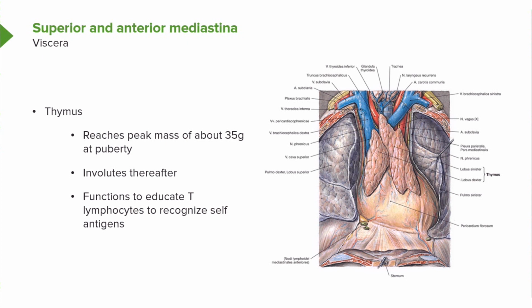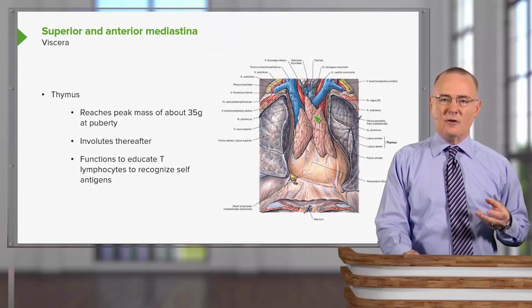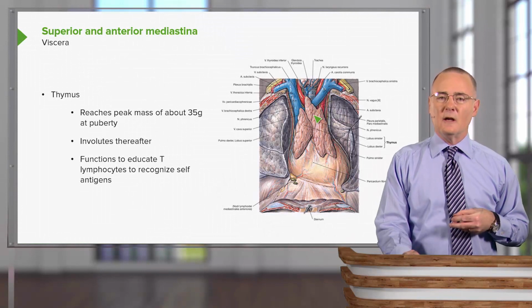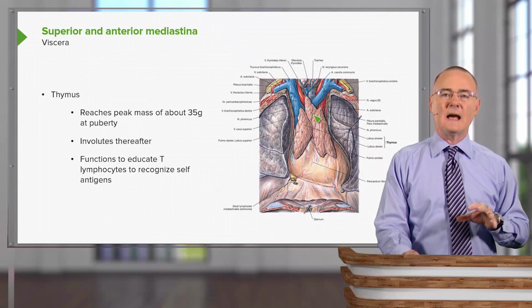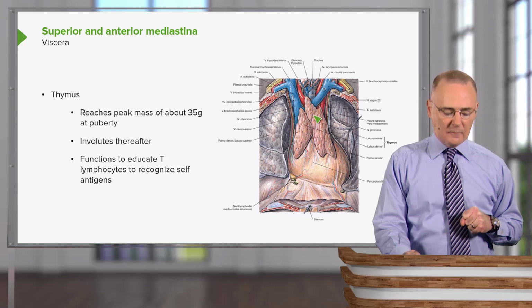Thereafter, it involutes, and so we have a degeneration of the thymic tissue, so very little remains in an elderly person, and what does remain is scattered within adipose tissue that would be located within these mediastinal compartments.